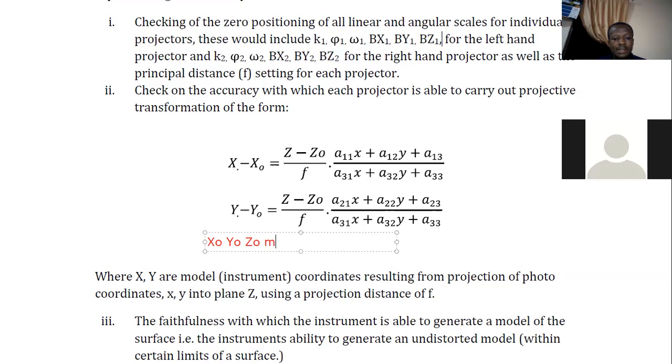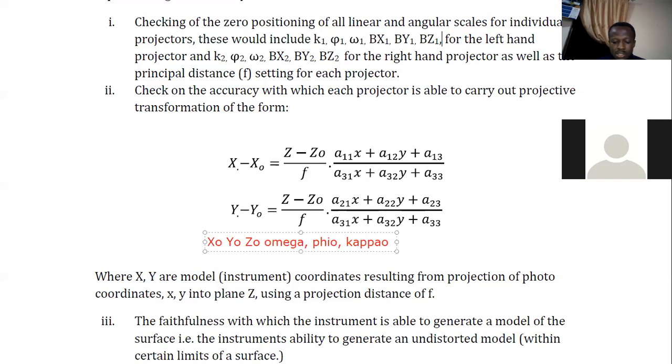Then omega, phi, kappa, all of them naught. So kappa naught, phi naught, and then omega naught.